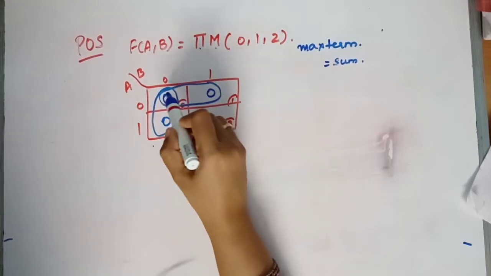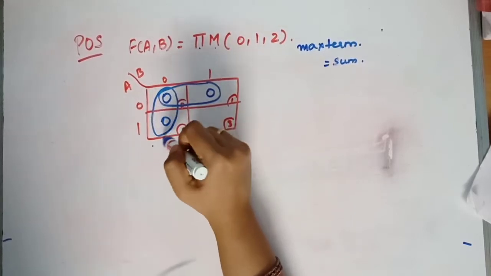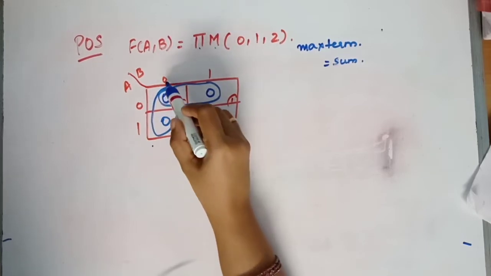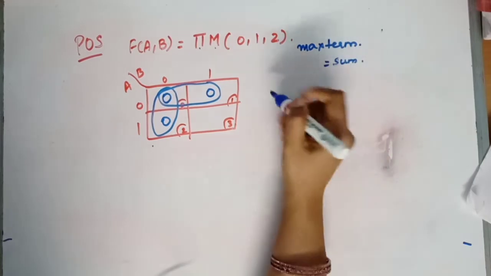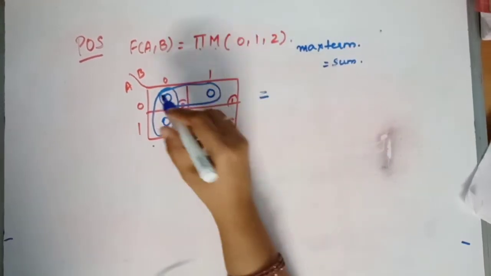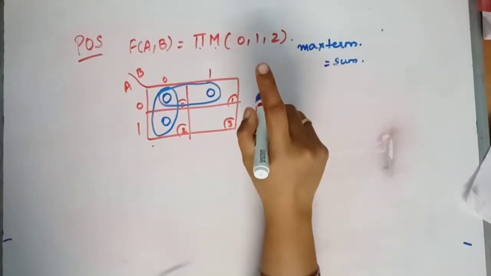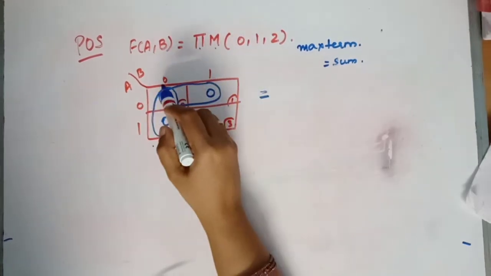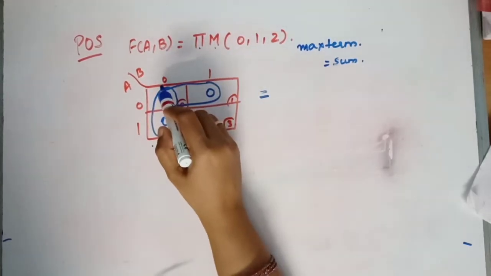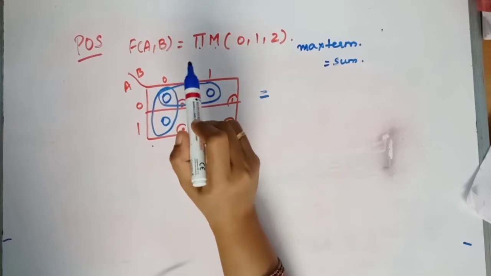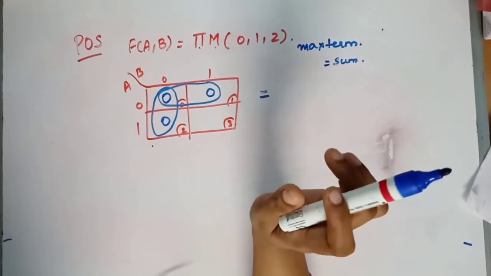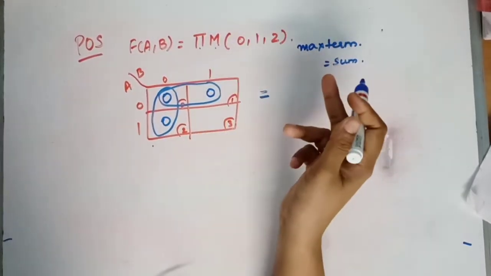So how you will write is, suppose you are grouping this particular group. Here what is common? B is common. And what is B? B is 0. In the case of SOP, when you are grouping ones, you'll write if a literal is 0, you'll put it as complement. If a literal is 1, you'll keep it as the same literal itself. Here it's just the opposite.